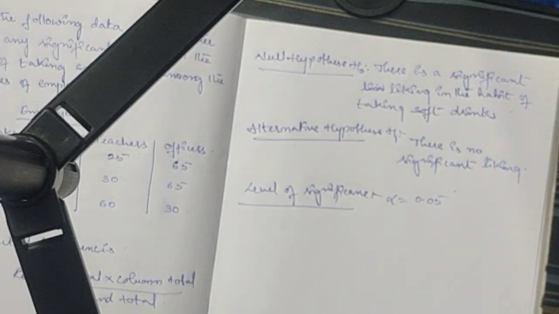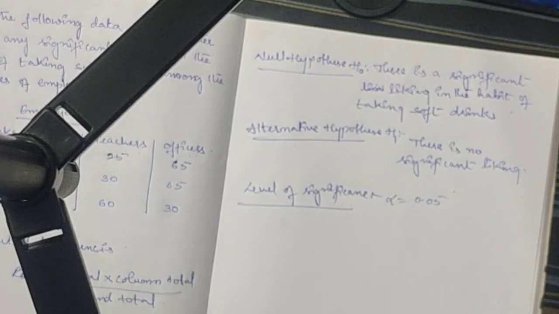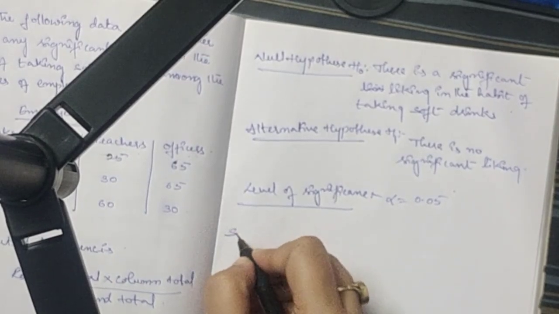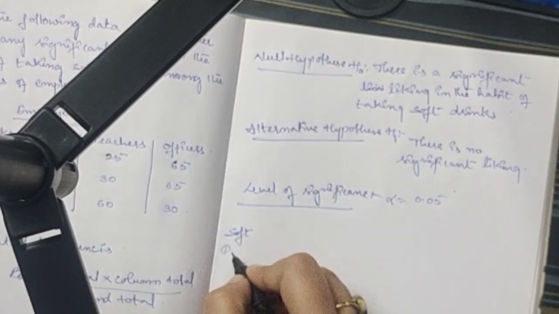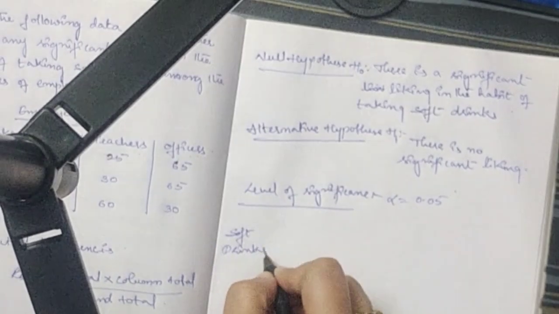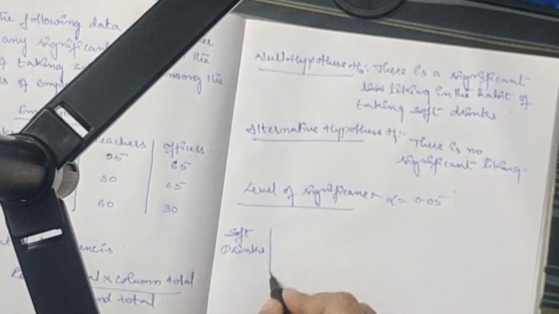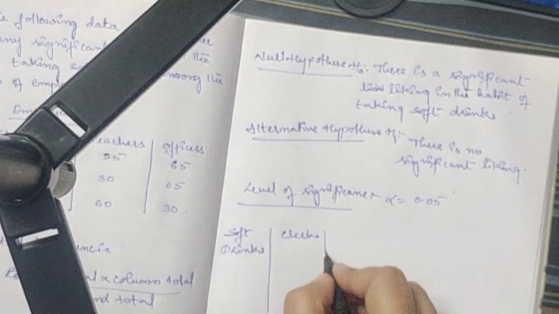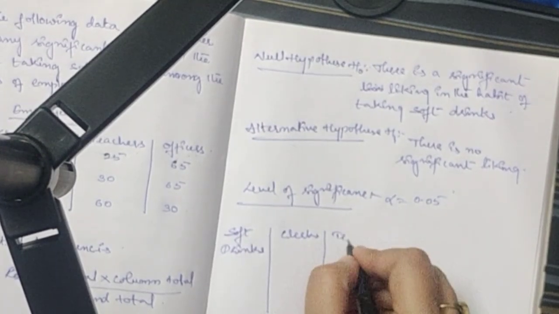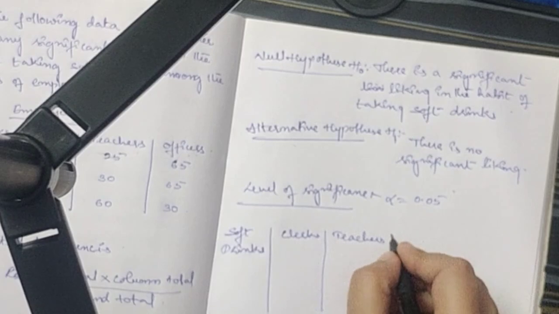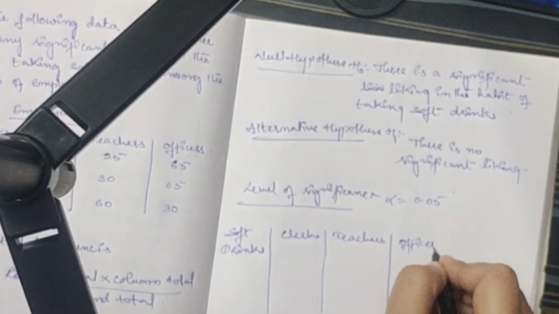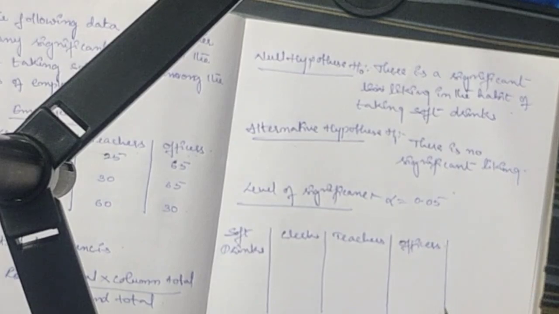Now what we will do? First we will write the data they have given. Soft drinks: Pepsi, Thumbs Up, and Fanta. Then employees: clerk, teachers, officers, then total.